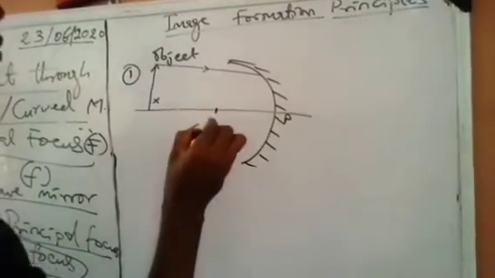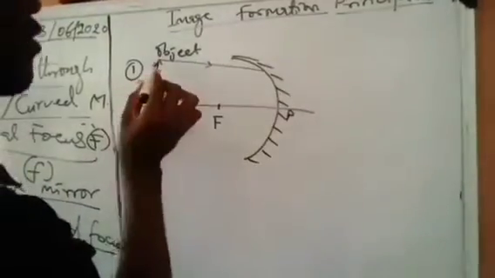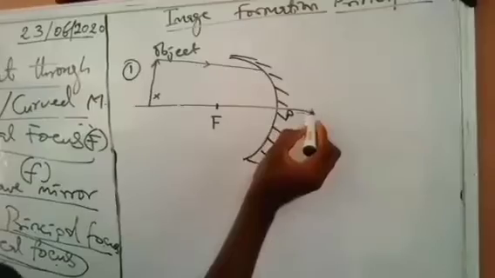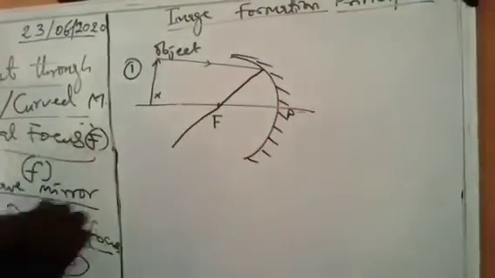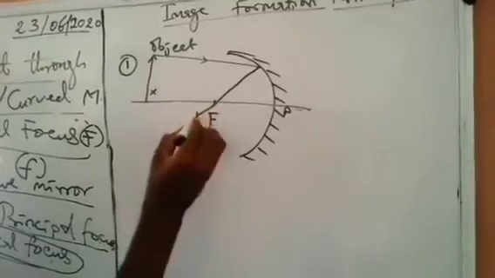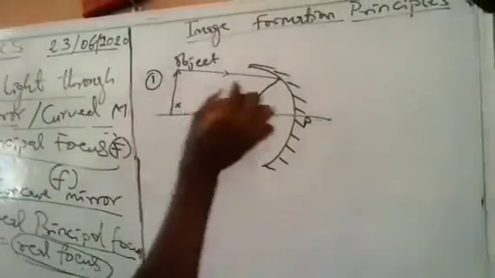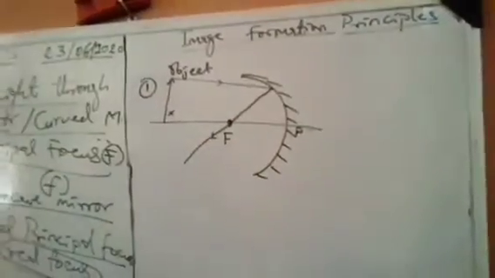Now, if I have my principal focus here, that ray of light that falls in a parallel direction to the principal axis will reflect through the principal focus. Just like we have seen, this is a reflected ray. So any ray that moves parallel from an object to the mirror will definitely reflect through the principal focus.